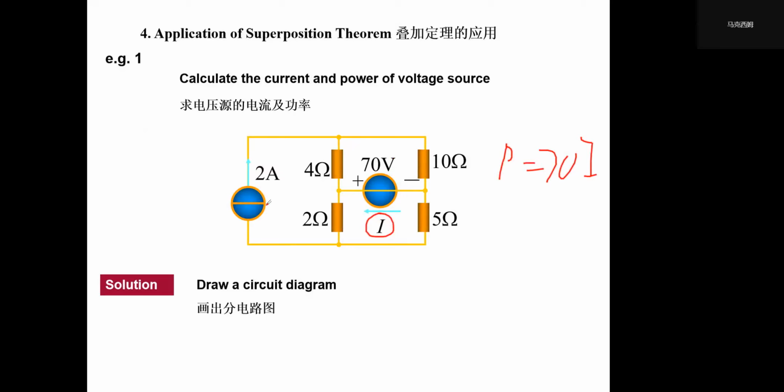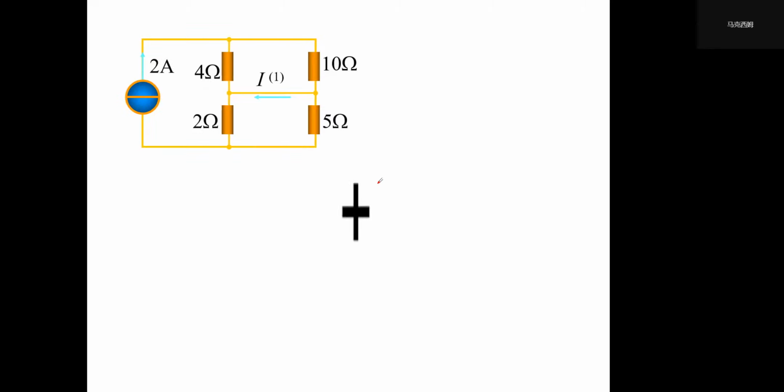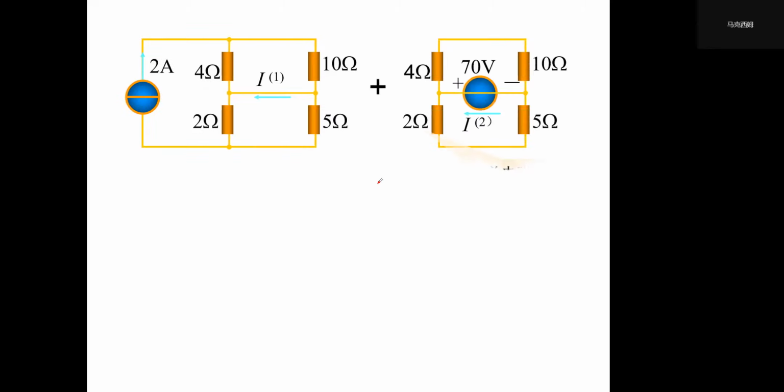Since we have two independent sources here, we can divide it into two sub circuits. The first one, we short-circuit the voltage source, so it's only a wire here.